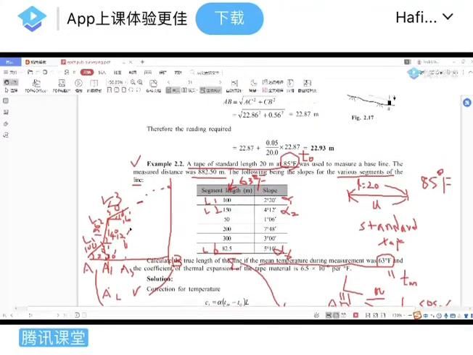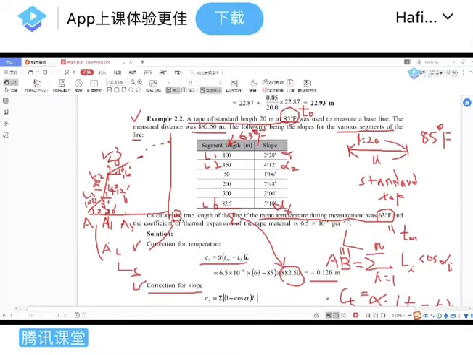That's the basic idea. Let me reiterate the idea. Now we have two errors, or rather two descriptions, which is probably better. One is the slope.